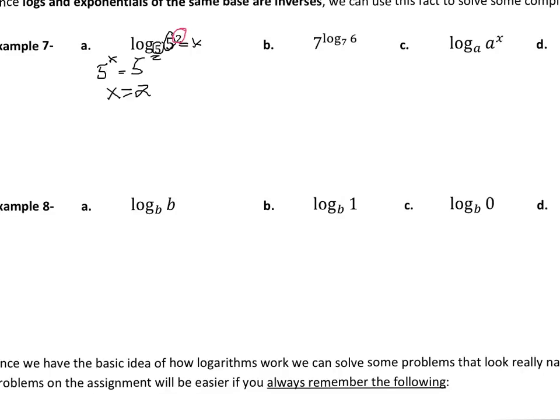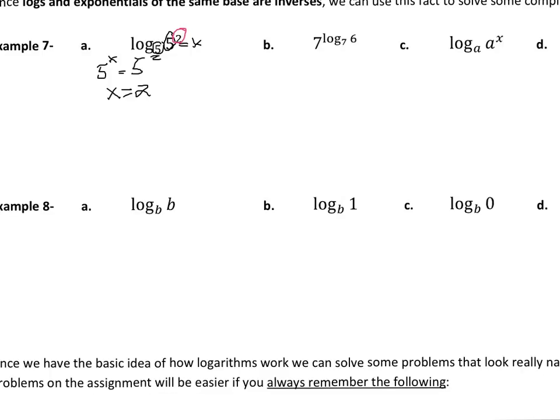So the base and the number are the same, the exponent is what it's equal to. They cancel each other out, if you will. That's a really bad way of saying that because technically they don't. But yeah, if the base and the number taking the log of are the same, then it equals the exponent, always.